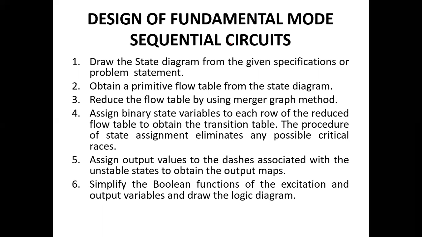The procedure of state assignment eliminates any possible critical races. The next step is to assign output values to the dashes associated with the unstable states to obtain the output maps. Simplify the Boolean functions of the excitation and output variables and draw the logic diagram.